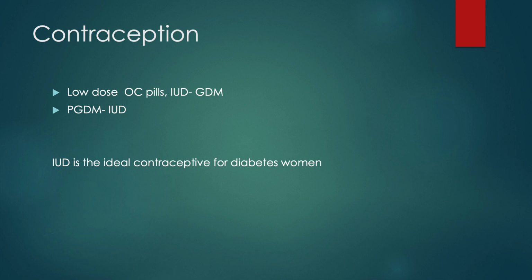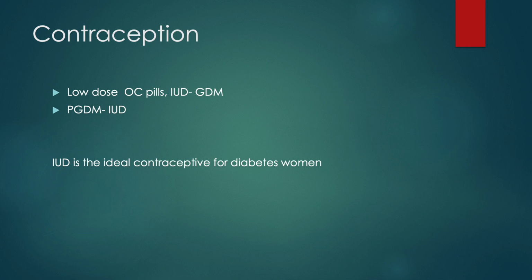We stop insulin on the day of labor or on the day of induction, and here the glycemic control should be very meticulous, with closer monitoring of glucose, because they may be more prone to hypoglycemia as well as hyperglycemia. So hourly glucose monitoring is a must, along with urine for ketoacidosis.